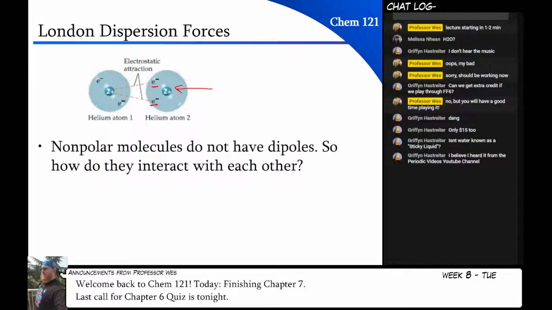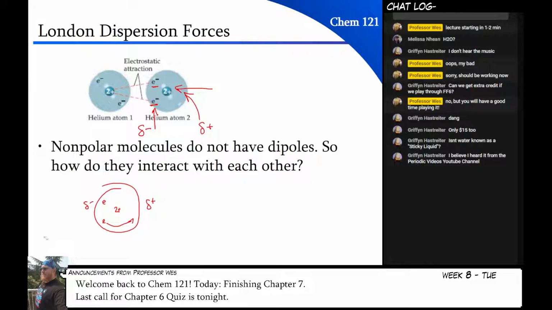So what this means is that because my electrons are on this side, I could say, okay, this side would be delta minus, and this side would be delta plus. And so even though I have a molecule that's nonpolar, it can get this state based on where its components are. Now, what happens if my electron moves back over here?